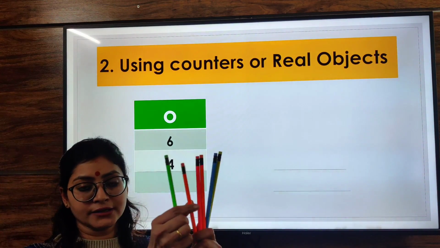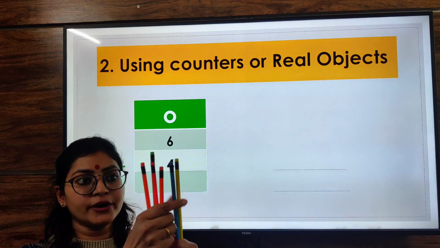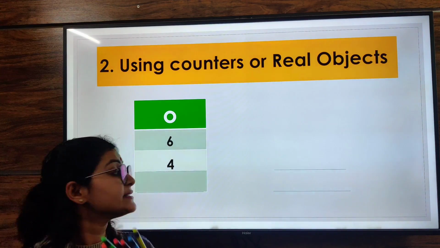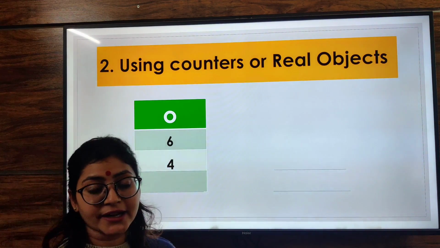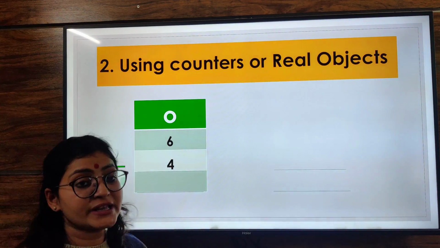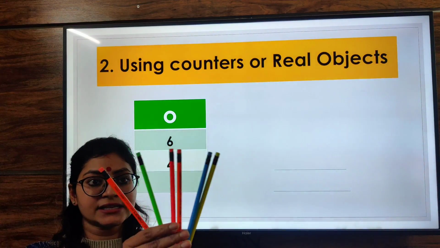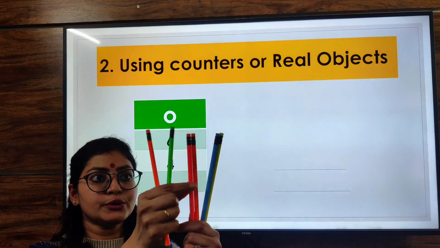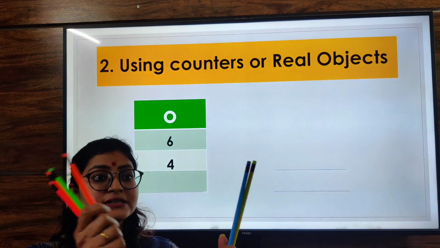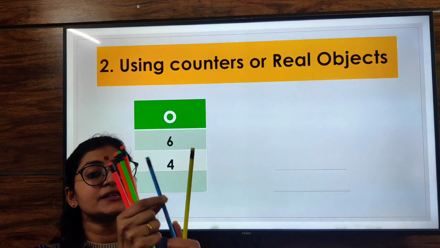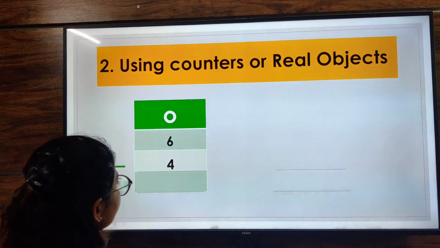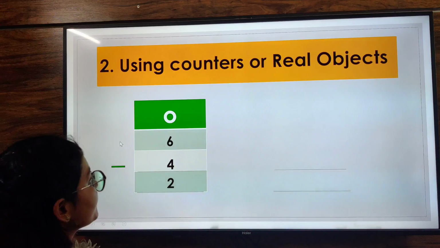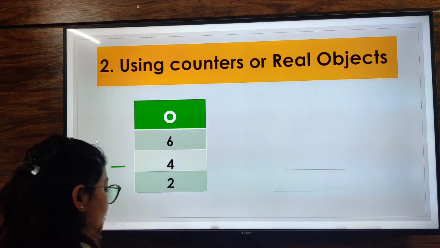So, I have 1, 2, 3, 4, 5 and 6 pencils here. And I have to minus 4 pencils from these. So, 6 minus 1, 2, 3, 4. 6 minus 4 is 2. That's my answer. 6 minus 4 is 2.